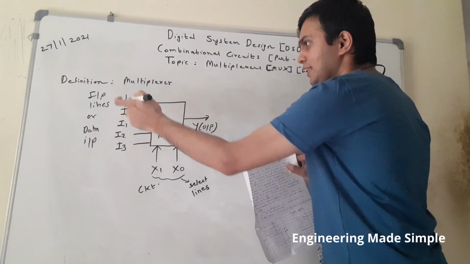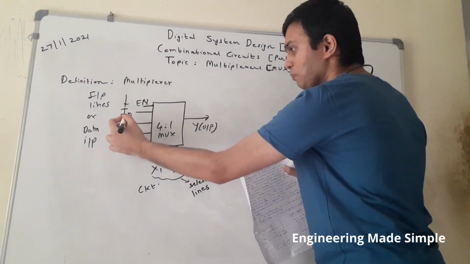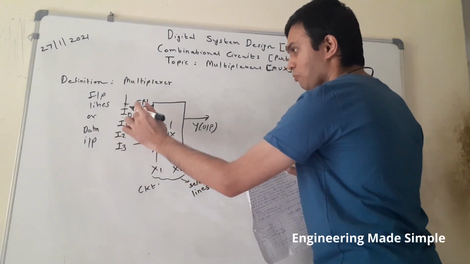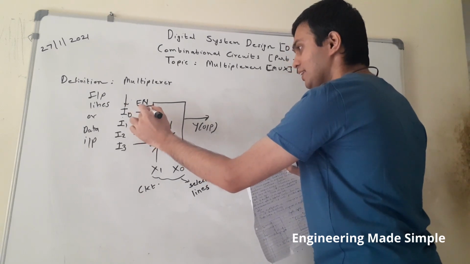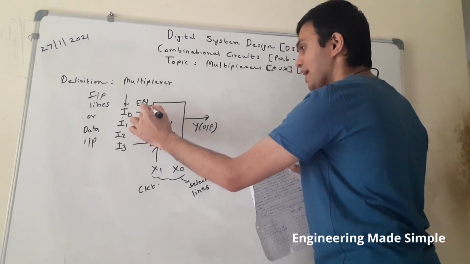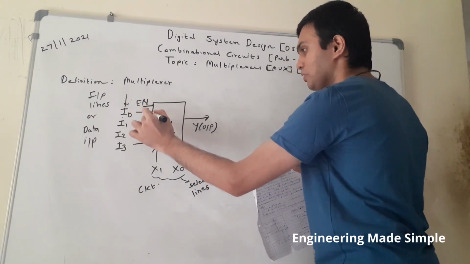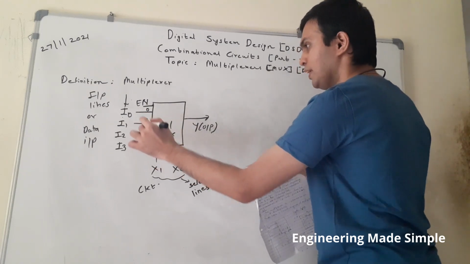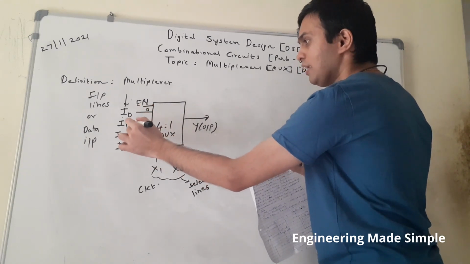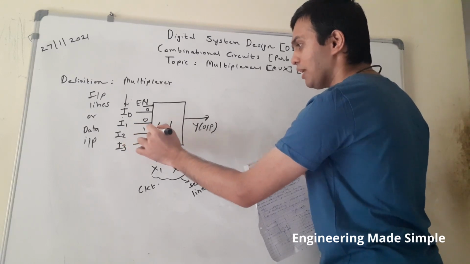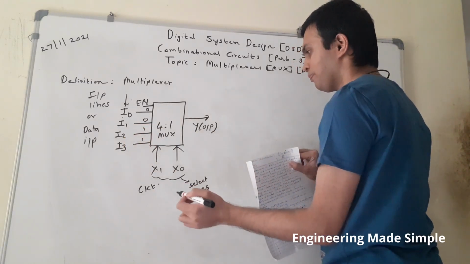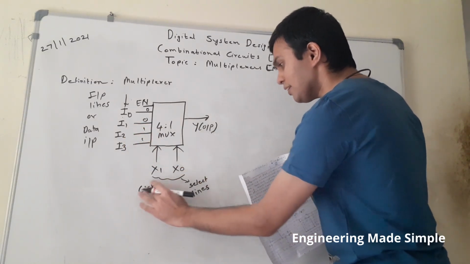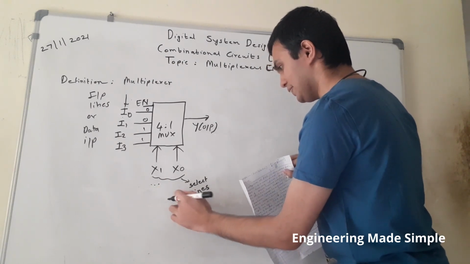As you can see, these are the 4 input data lines. What do we mean by data line? This will consist of some binary data. Let's suppose 0, 0, 1, 1. So the I0 value is 0, I1 value is 0, I2 value is 1, and I3 value is 1. And these are known as select lines.